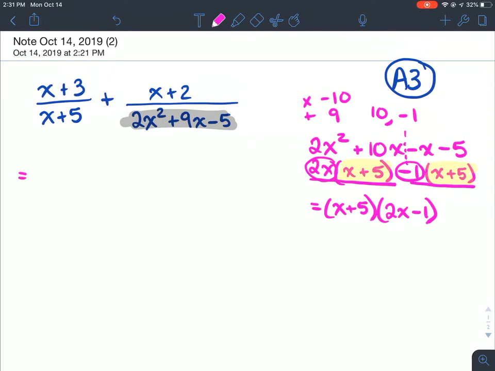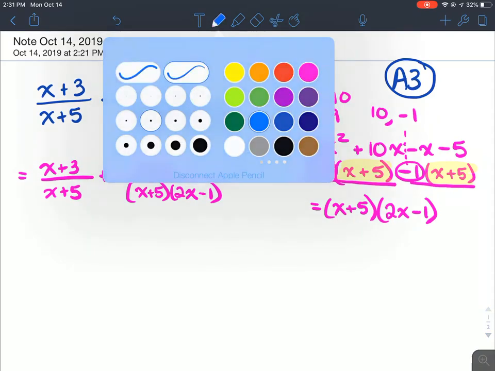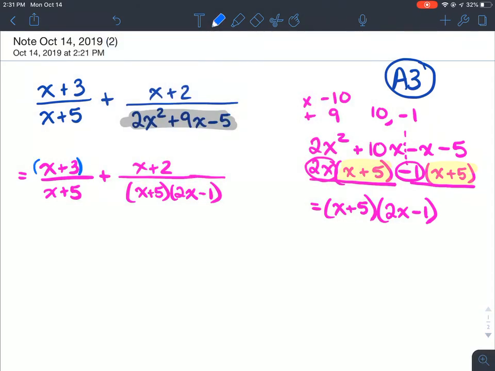So let's rewrite this. We have x plus 3 over x plus 5 plus x plus 2 over x plus 5 times 2x minus 1. So now that we've factored it, we can see they both have an x plus 5 in common, but the first fraction is missing that 2x minus 1. So to make them identical, we will just multiply the top and bottom of this fraction by 2x plus 1.